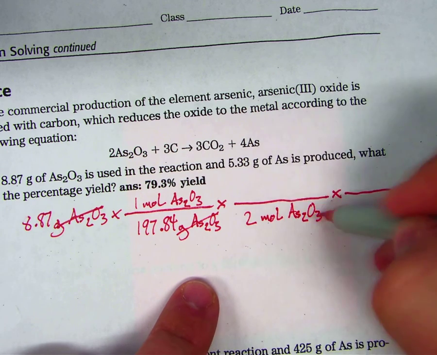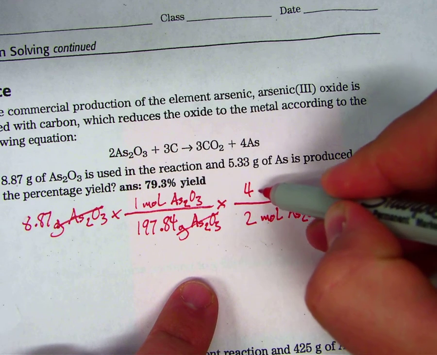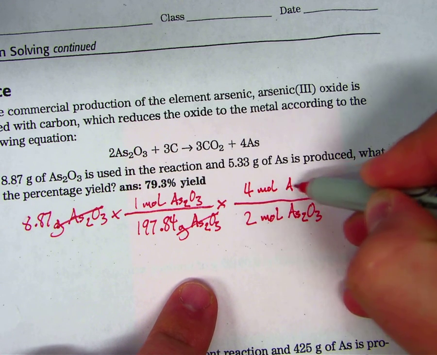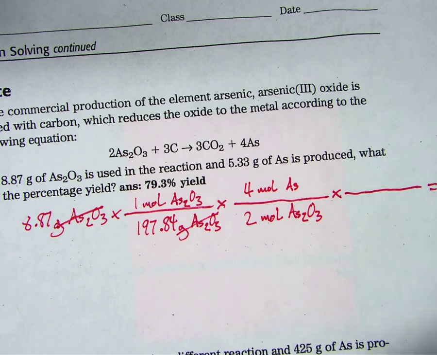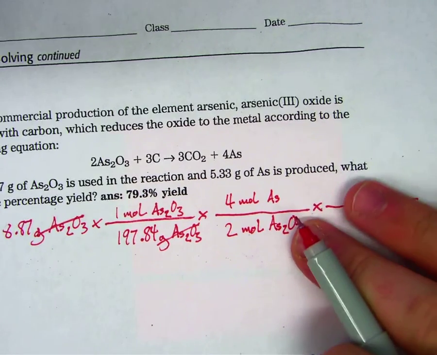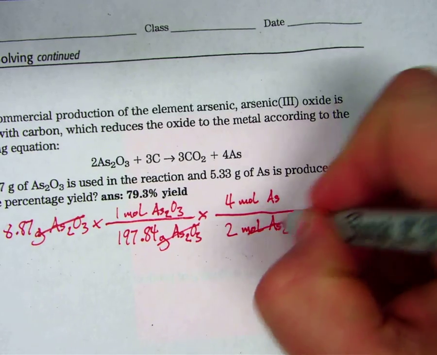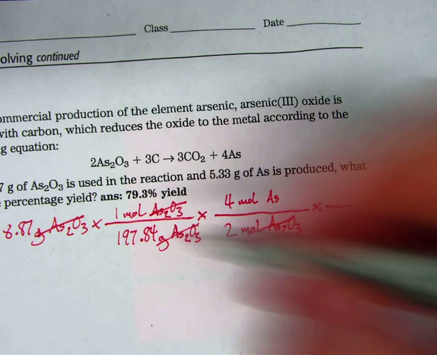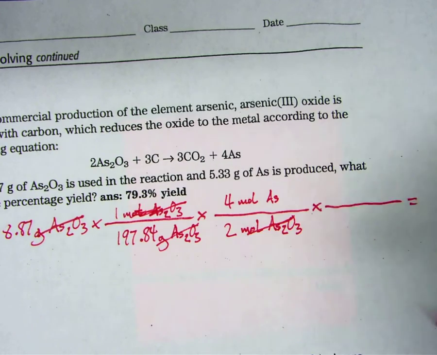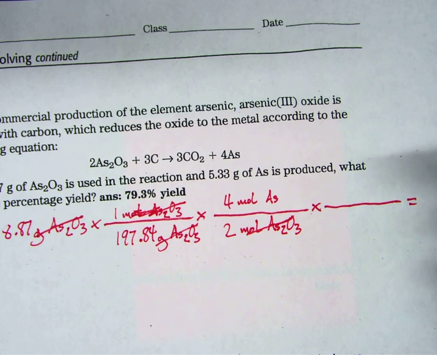And we said for every 2 moles we get 4 moles of arsenic. Everybody understand where we got those numbers from? We good there? Cool. So once I get my moles of arsenic, these will cancel out here.